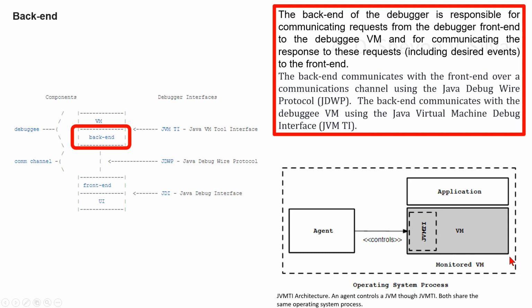Originally called Java Platform Debugger Architecture, JPDA, and used in the context of debugging, it was extended to support other use cases such as monitoring and profiling. JVM TI exposes C functions to manipulate the Java VM.